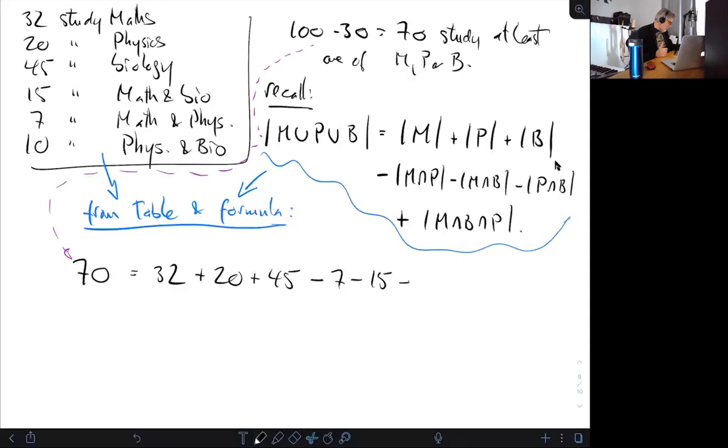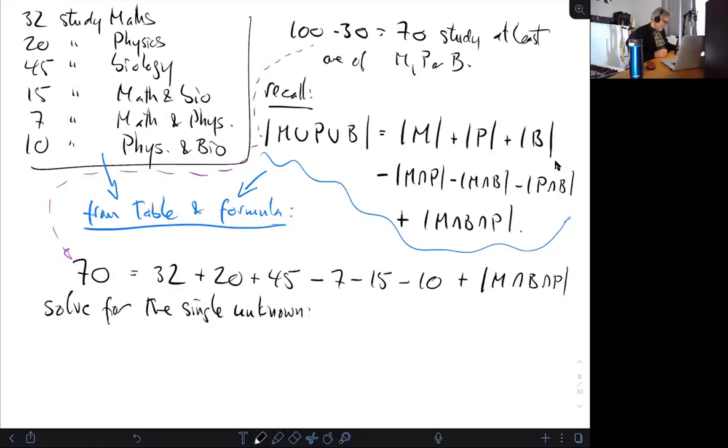Physics and bio, that's 10. And then I'm going to add that last one, which I don't know what it is, but that's the one I'm looking for. I have only one unknown, so it's easy to find. So solve for the single unknown.